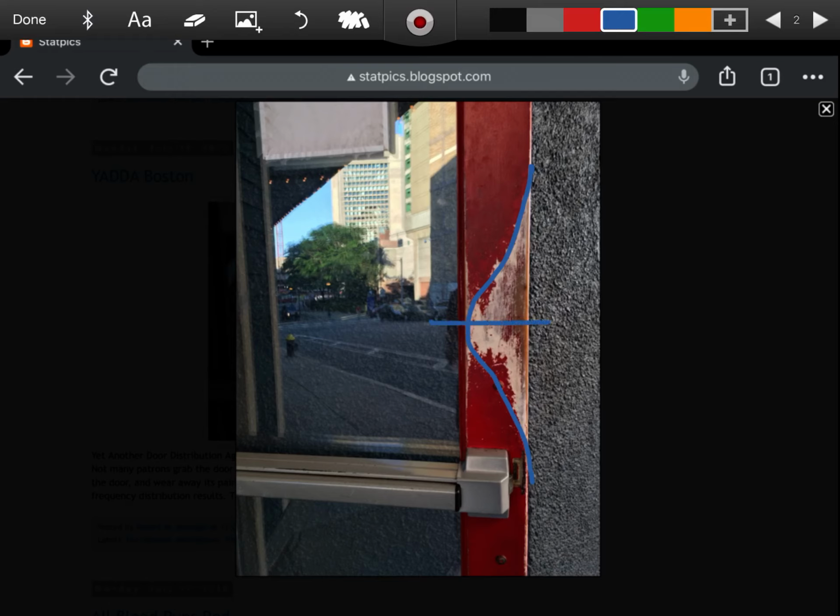So the average is right there. That's where most people hold the door. You can see as the paint has worn off over the years, as people touch this door, most of the people touch it right in this location right here. Very few people touch it up here, and very few people touch it down there. Most people are right around the average or the middle, the mean.